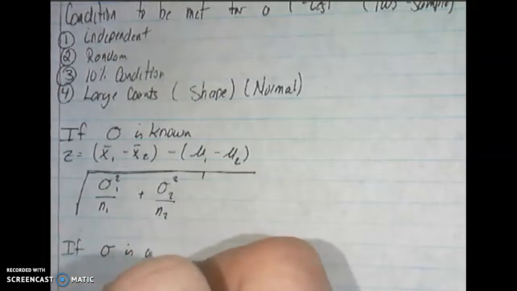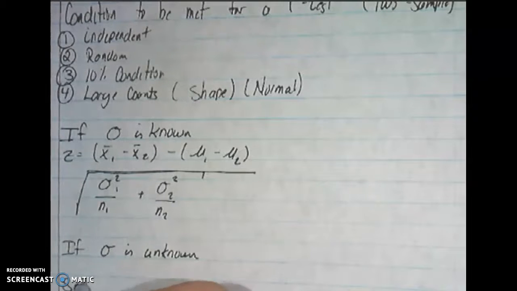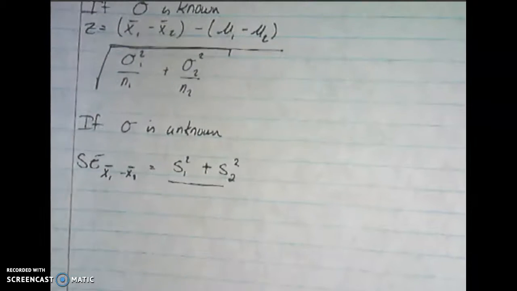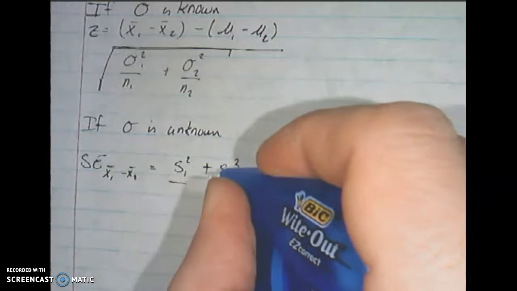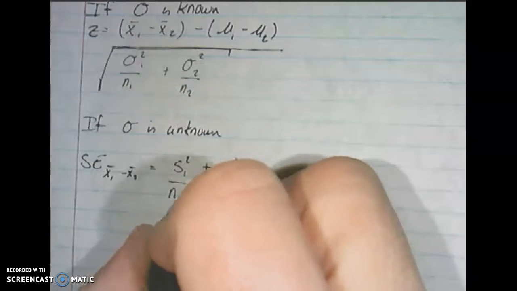now if the standard deviation is unknown, then we need to do our standard error this time. So we're going to take the sample standard deviation, square it, and we're going to take the sample standard deviation of the second data. Then we're going to take this, divide by n2, and divide that by n1.